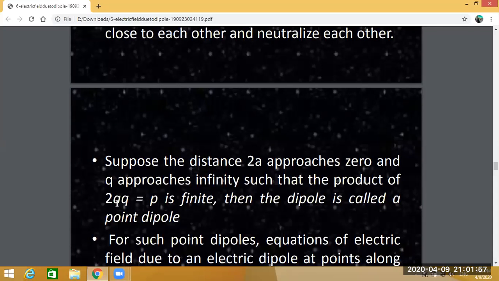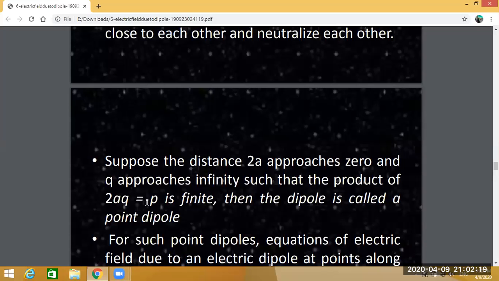So dipole length is 0 and charge on the dipole is infinite. So the dipole moment is finite, because 0 into infinity becomes equal to a finite value. Remember, 0 into infinity is equal to finite.